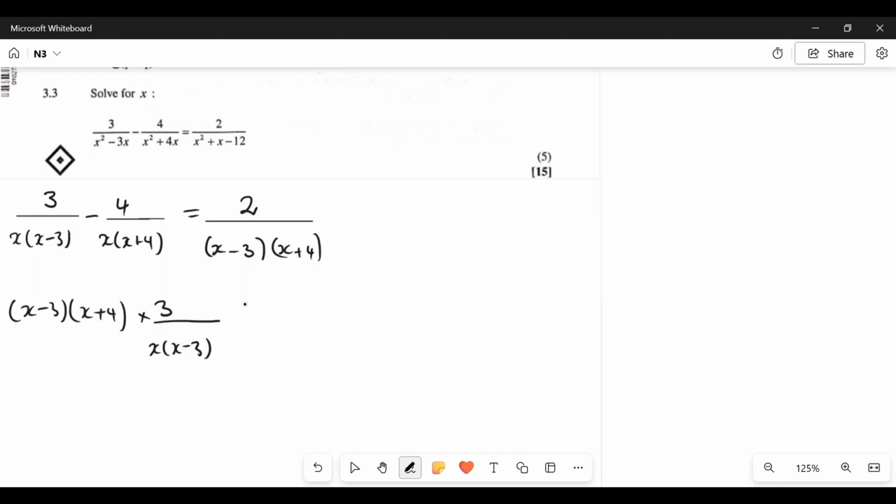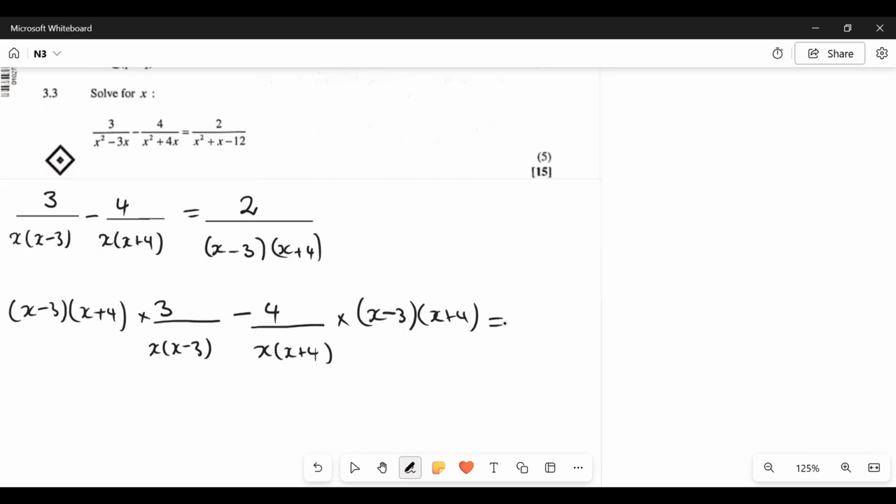So we can do that, minus, and then we do the same thing here. We can say 4 over x, and then we have x plus 4, and then we also multiply this with the denominator on the right hand side, which is x minus 3, x plus 4, right?